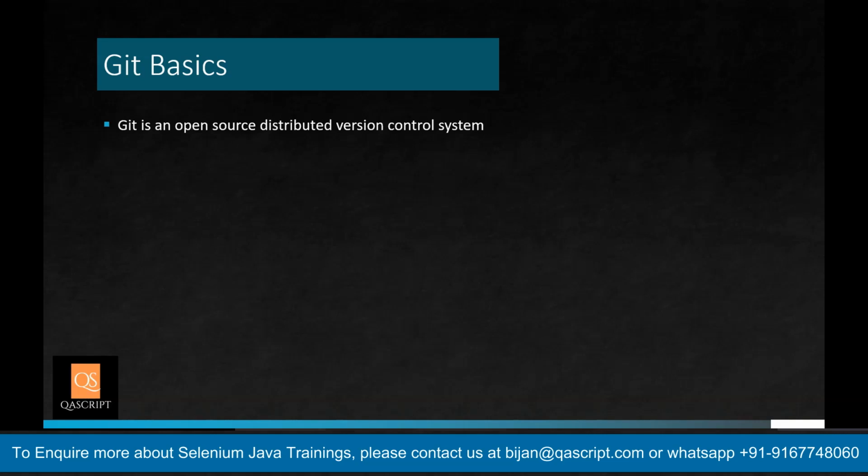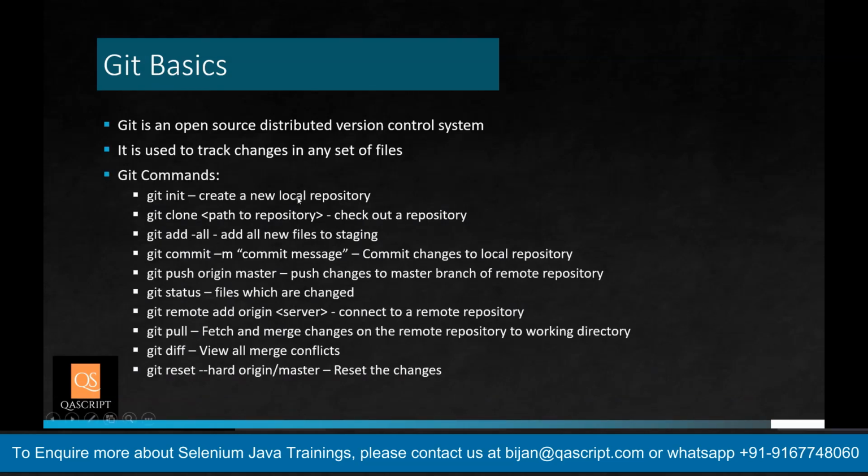So it is an open source distributed version control system. It maintains all the versions of your code in a central repository. It can be used to track any changes in any set of files in your project, right?